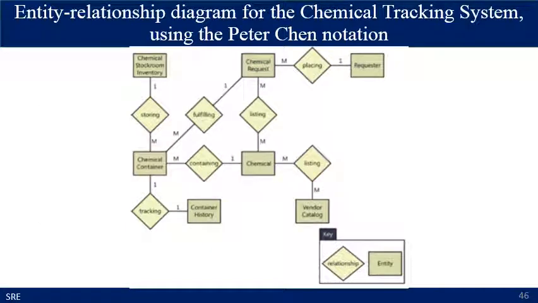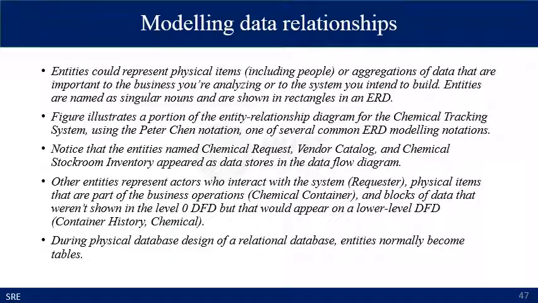So here is an example of an entity relationship diagram for the same chemical tracking system. Again, there are some entities, and there are relationships between entities specified in the form of diamonds. Entities could represent physical items, for example people, or aggregations of data that are important to the business you are analyzing or to the system you intend to build.